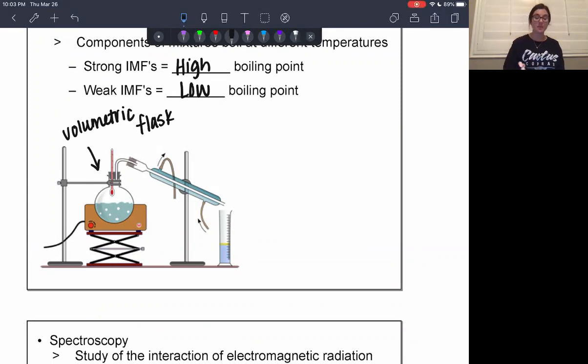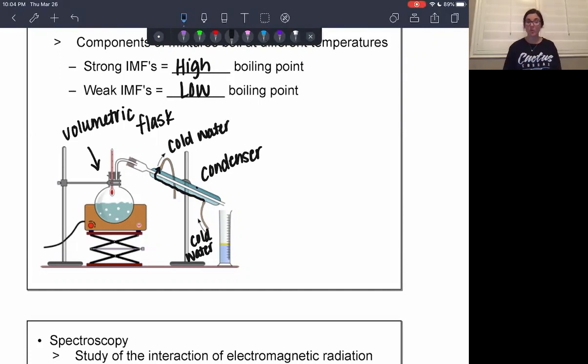We've got this piece right here called the condenser. The condenser is what allows the gas to condense back into the liquid phase. It does this by pumping cold water in one end of the condenser, running it up, and then releasing it out the other side, so that there is a constant flow of cold water.